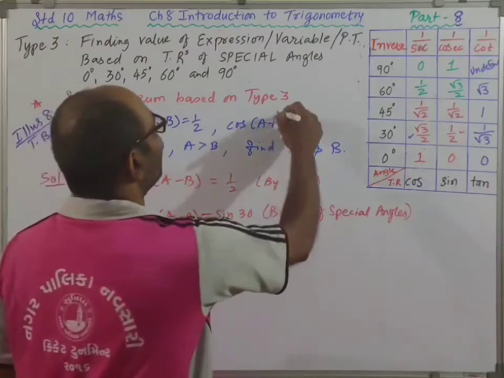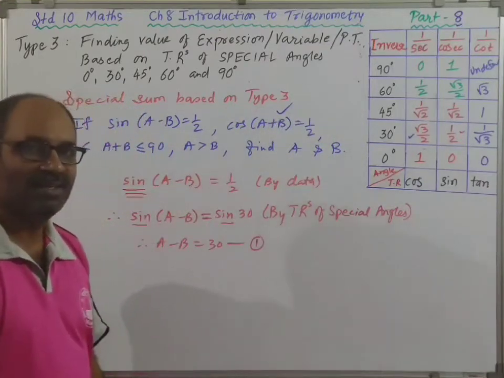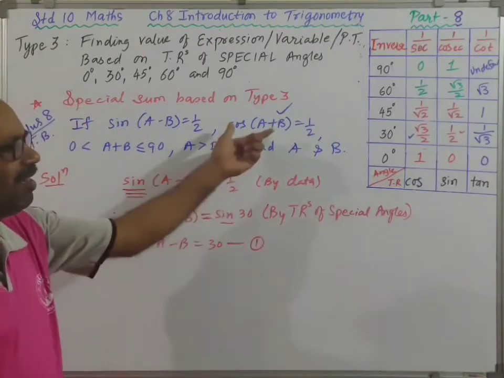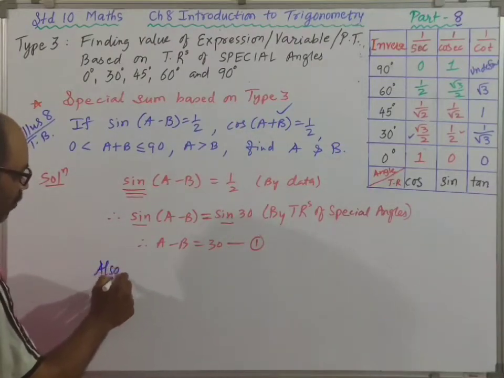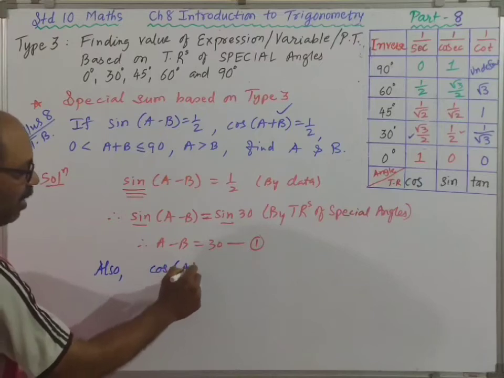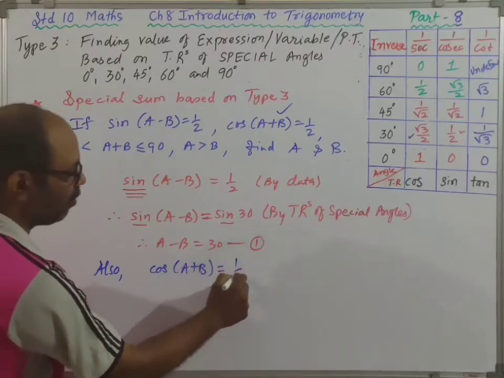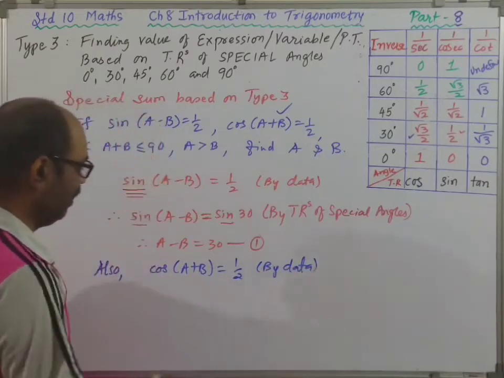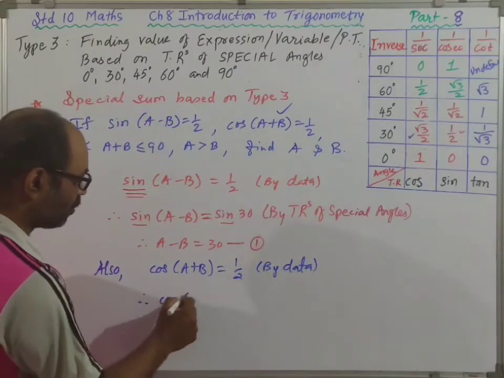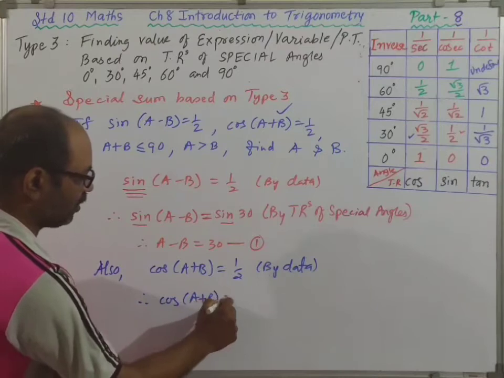चलो, the other condition is going to help us in giving another linear equation in two variables. So I'm writing also cos of A plus B is equal to half, by data. Correct? Therefore, cos of A plus B is equal to.